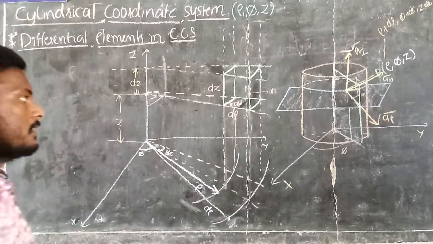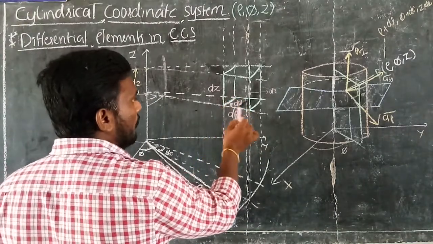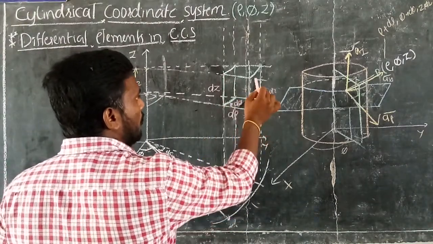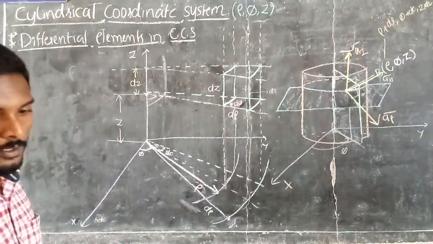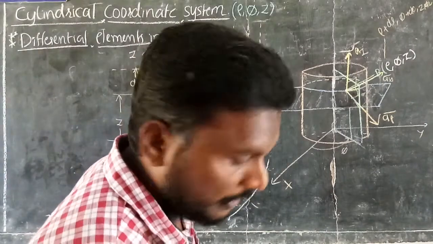Now how many surfaces do we have here? We have 1, 2, 3, 4, 5, 6. Totally 6 surfaces. Now we are going to derive the formulas for the differential surfaces.